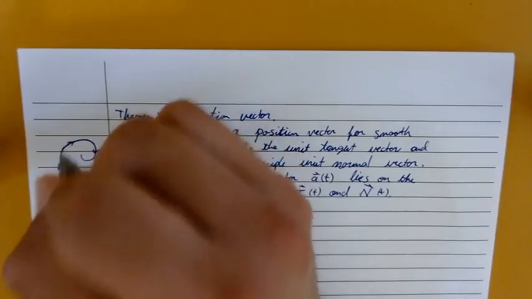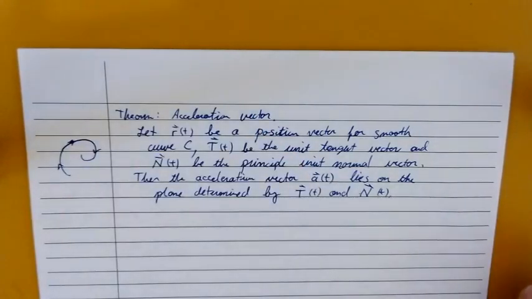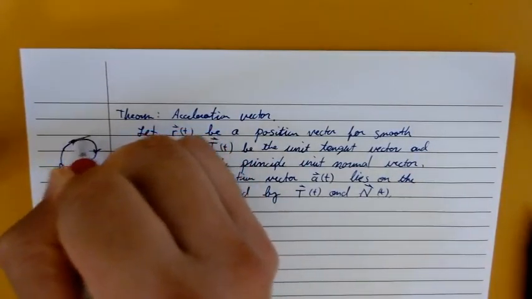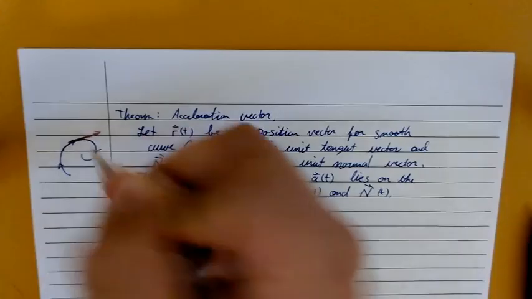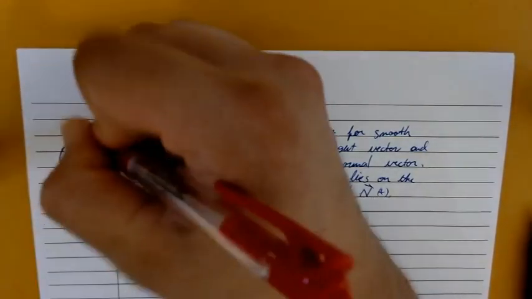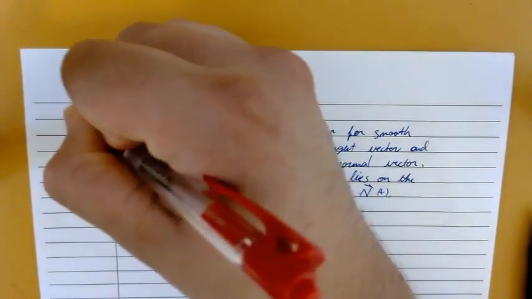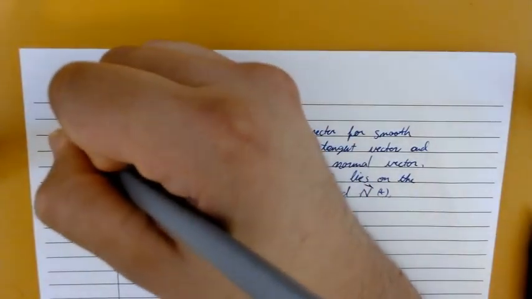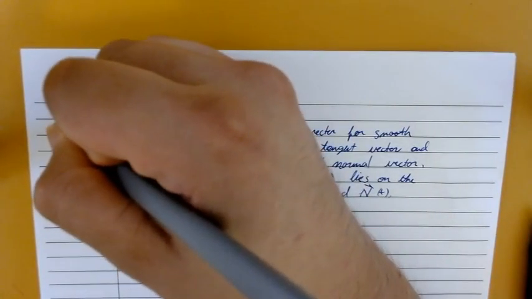Let's just take it at this point because that's easy enough to draw. Let's say our unit tangent vector is going this way, and we'll label that as T. Let's say our unit normal vector is going this way. Now, of course, the unit normal vector is always perpendicular to the unit tangent vector.